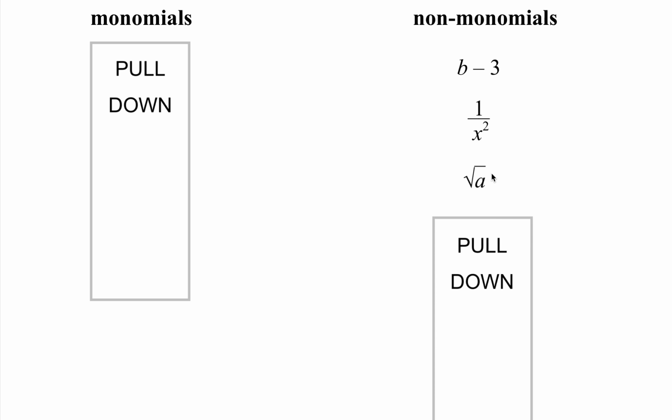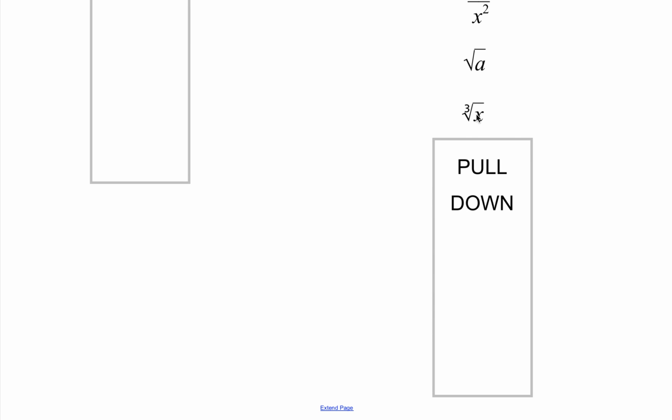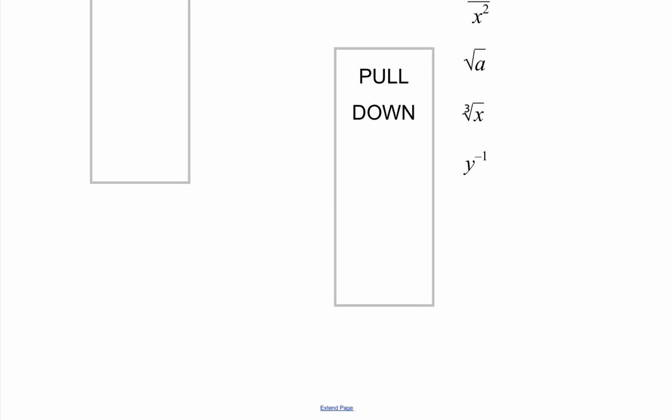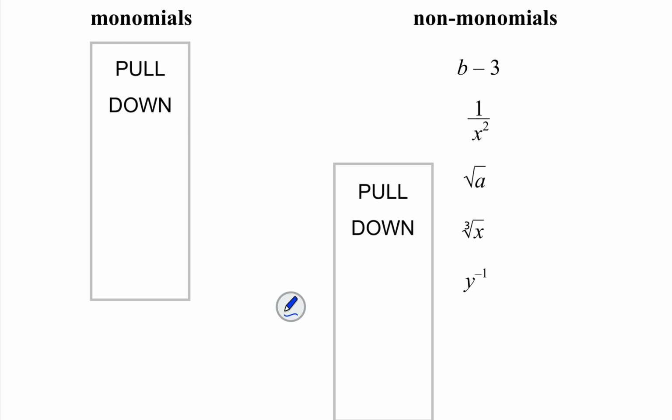The square root of a, we can only have rational, not irrational numbers, so the square root of a is not a monomial. The cube root of x, again, we can't have anything with roots unless they can be simplified. And y to the negative 1 is also not a monomial since it's 1 over y.